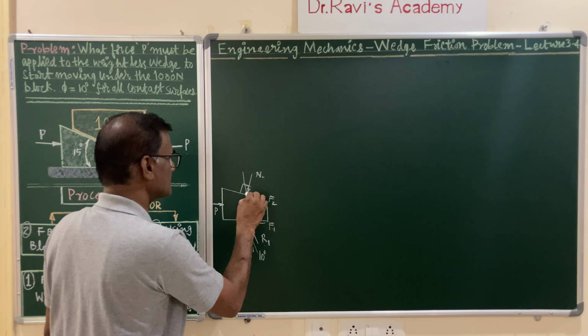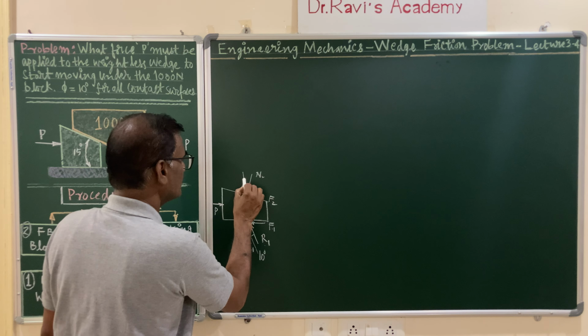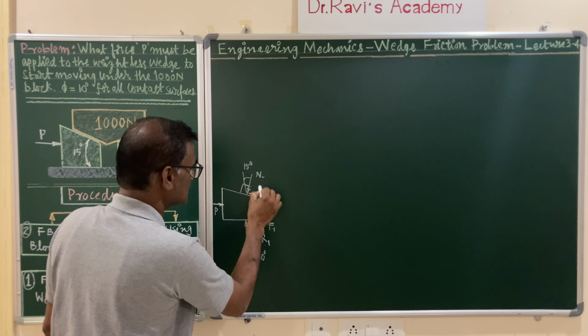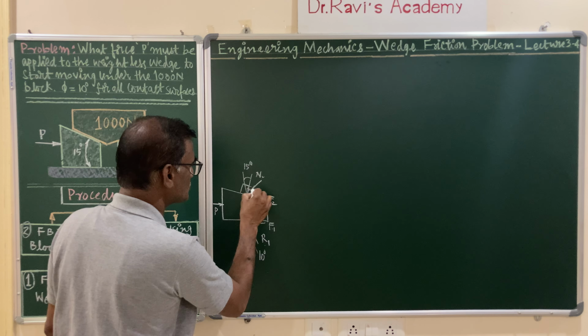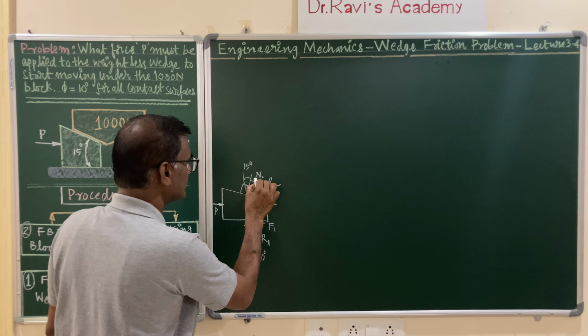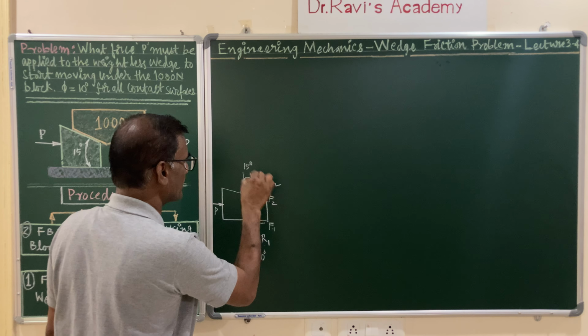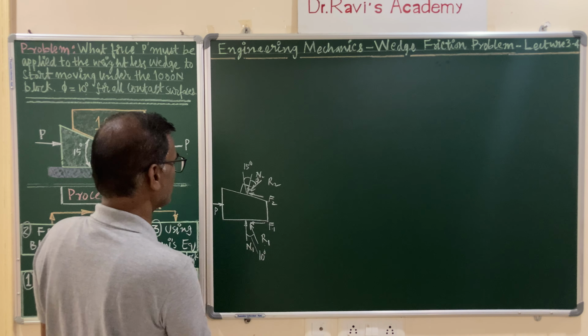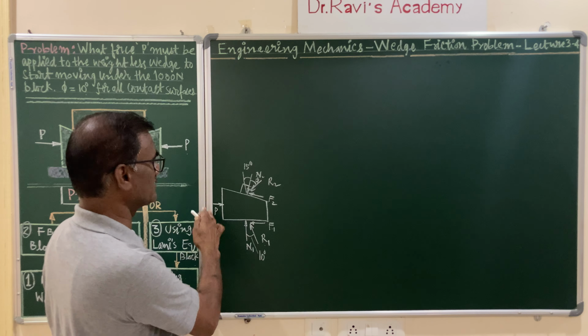And this inclination, as it is given, is 15 degrees with vertical, and the resultant of these two, that is R2, at an angle of 10 degrees, that is phi, which is given in the problem. And this completes the free body diagram of the left side wedge.